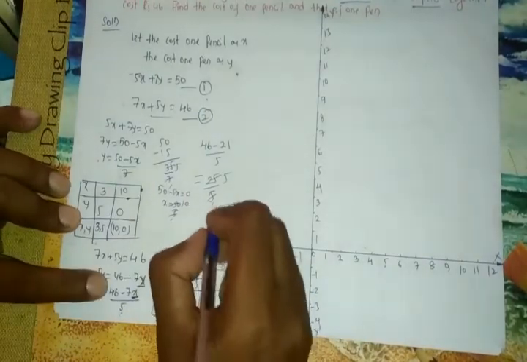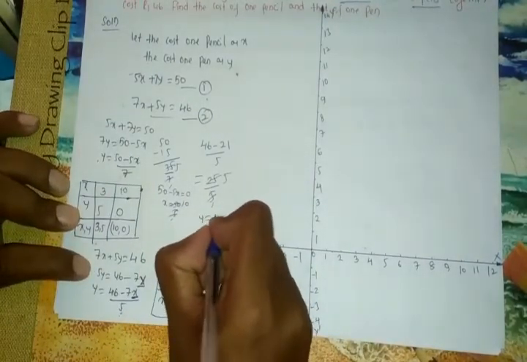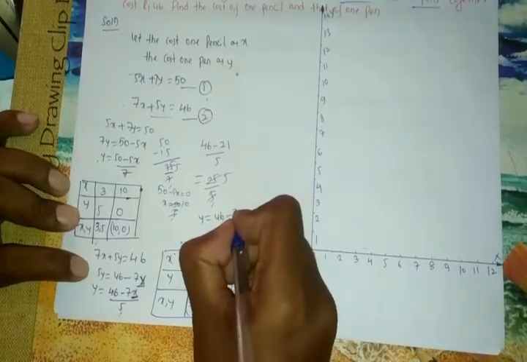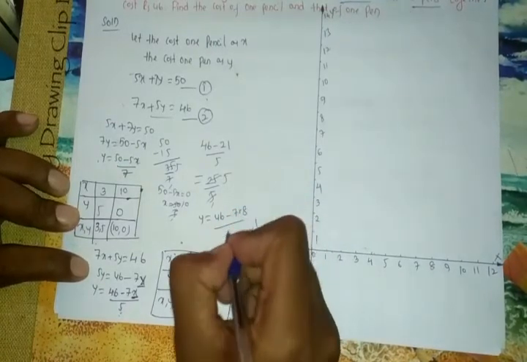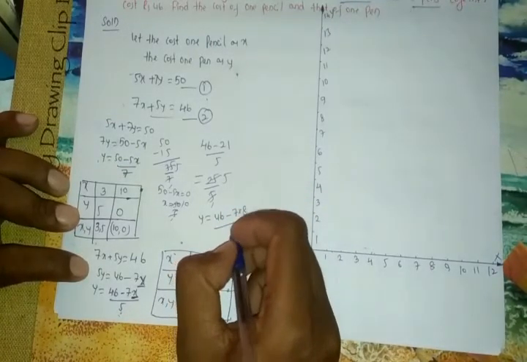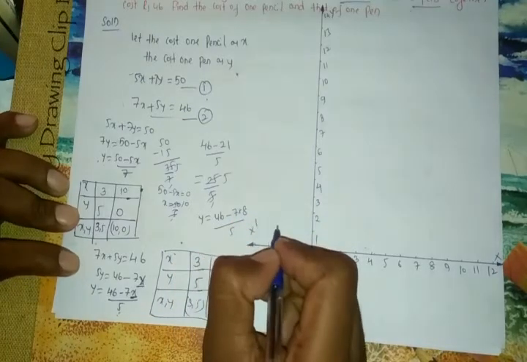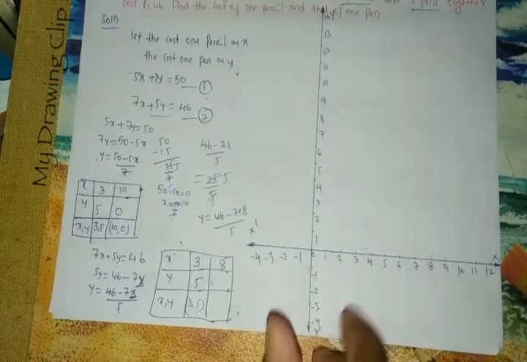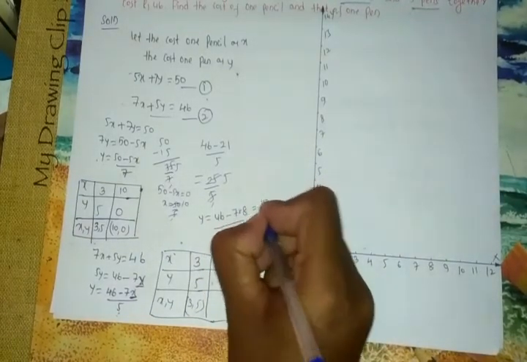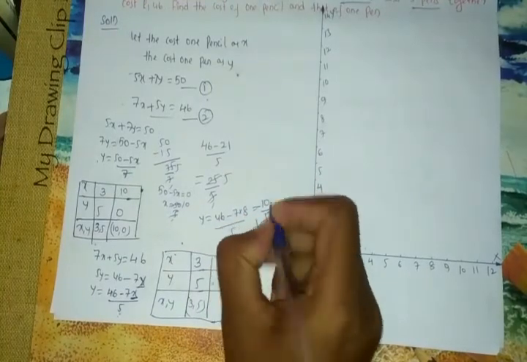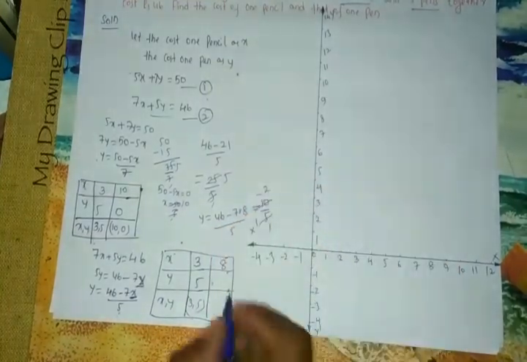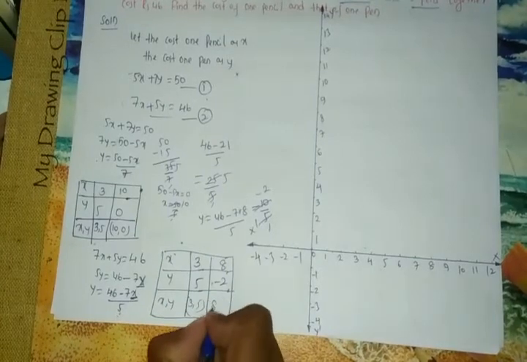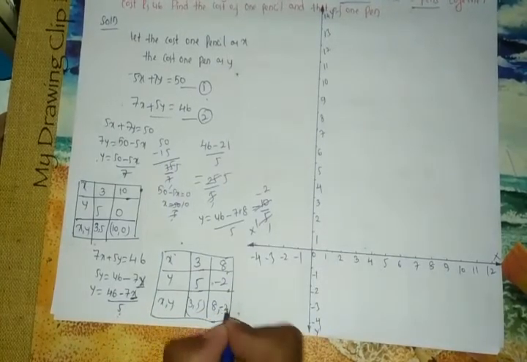So y equals 46 minus 7 into 8. 8 sevens are 56, so 46 minus 56 is minus 10, divided by 5, which is minus 2. When x is 8, y is minus 2.